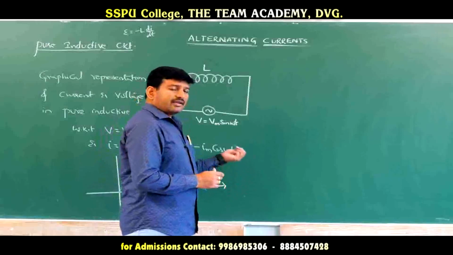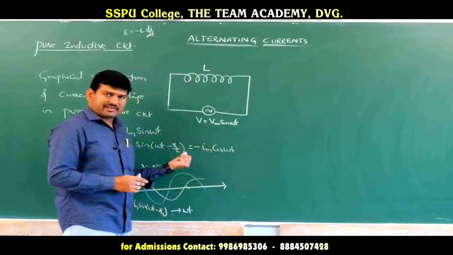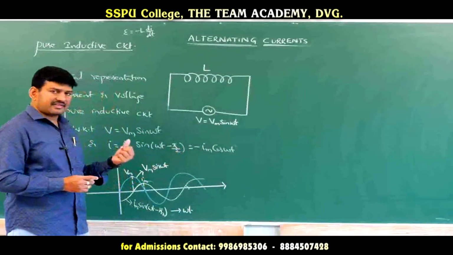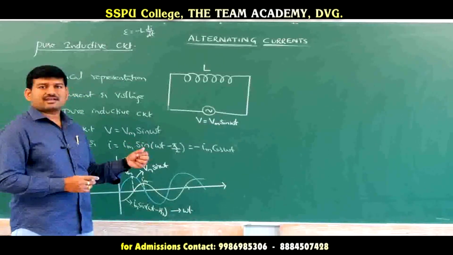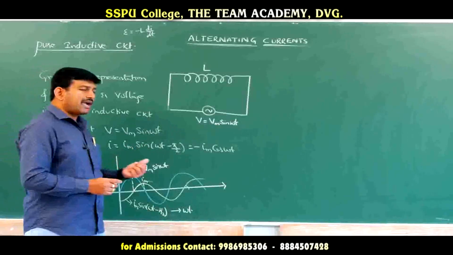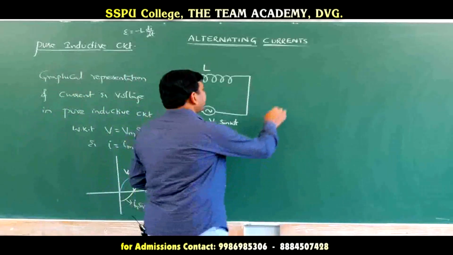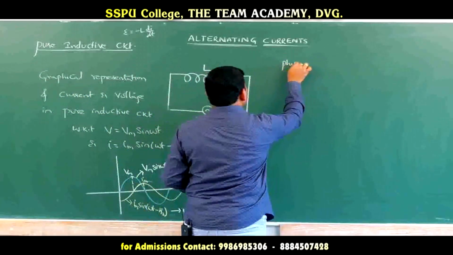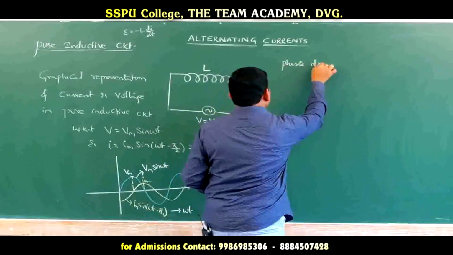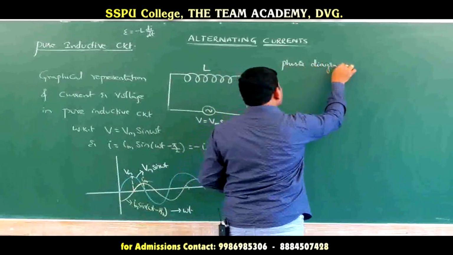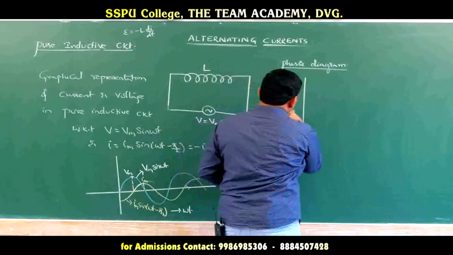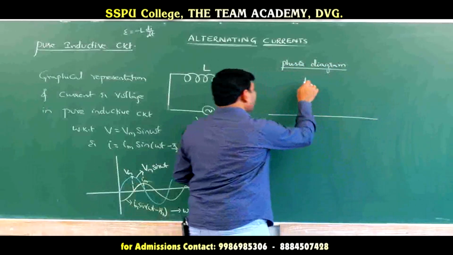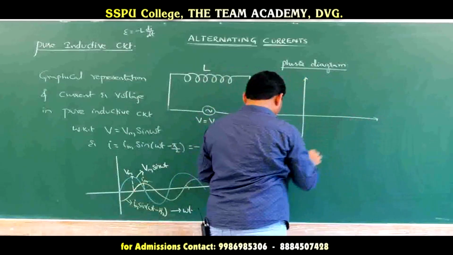So here, if I use voltage as a phasor and current as a phasor, then the voltage phasor is leading the current phasor by how much? 90 degrees. Therefore, this is the phasor diagram in a pure inductive circuit, and this is how we are going to represent it. So here voltage is leading.